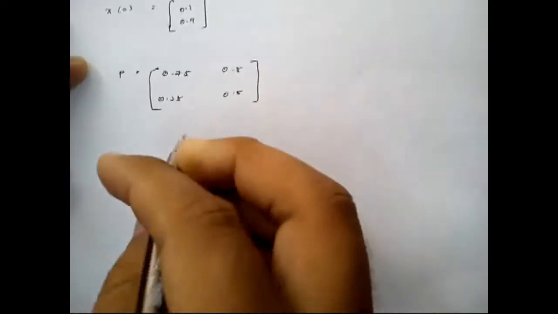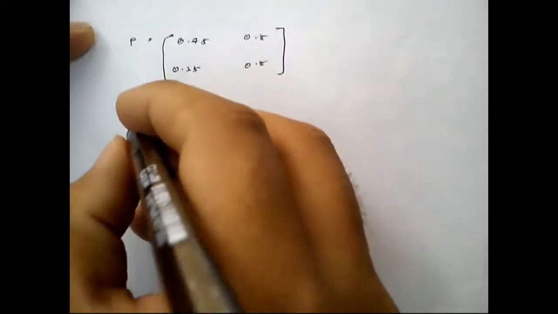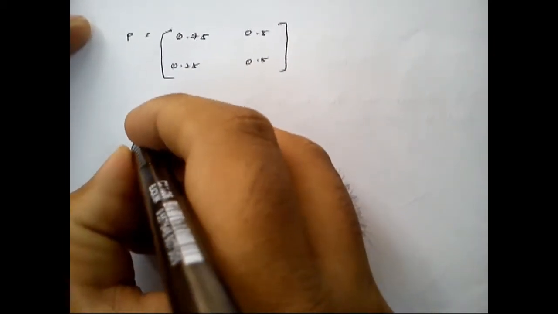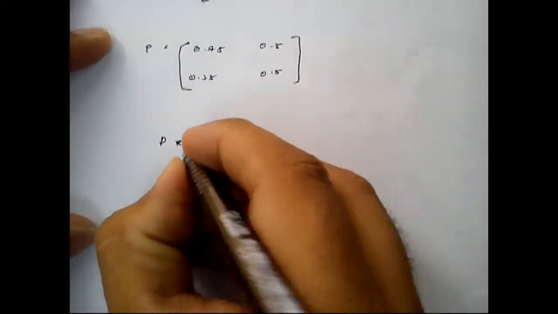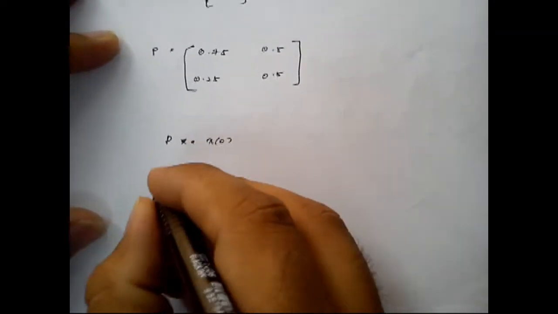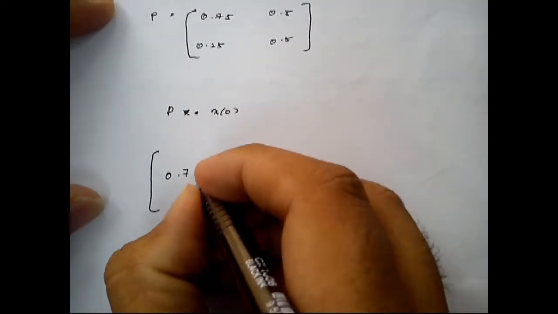So we do the matrix multiplication for P times x0.